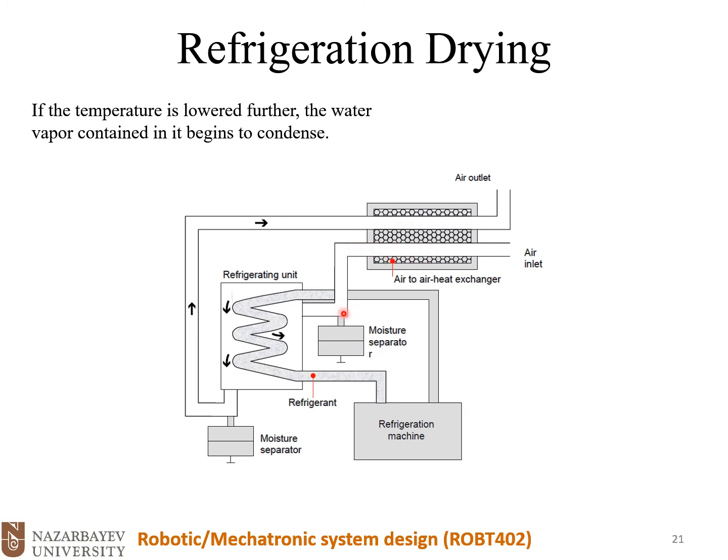Okay, because ultimately we want to drop the temperature of the air here, and that will save some energy. Plus, when we drop the temperature of the air at this stage, some part of the humidity will be condensed, and we could drain that water from this moisture separator. So this is the whole mechanism to dry air.